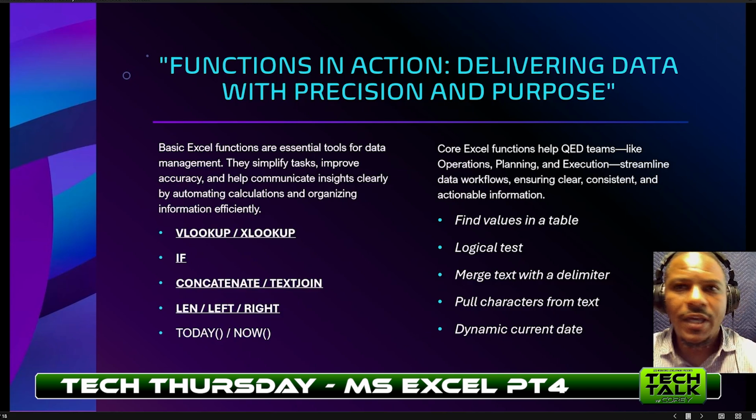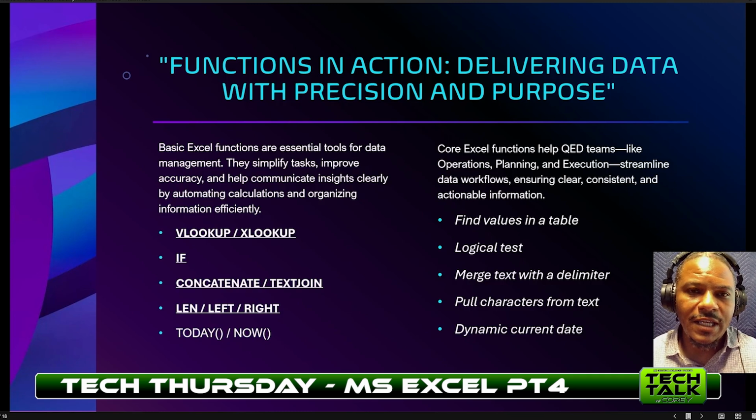So if you have data that's, say, population data updated regularly, but you want to make sure that when that last interval was captured, you might want to use a today formula to be able to say, hey, this particular data set came at this particular time. And that's very useful for certain reports, because if a report has to constantly update, you need to make sure that when it updates, you can go back to a period in time where you can see some data. That today function will help you out with that.